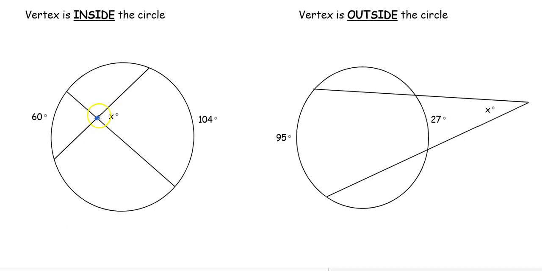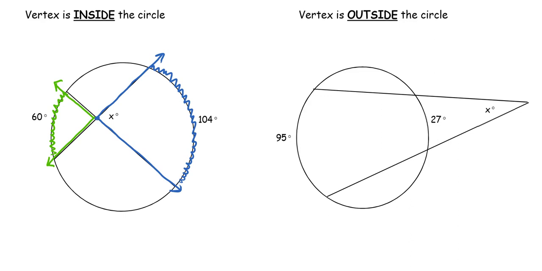So if I look at this angle right here, if I follow those sides out, it creates an intercepted arc. Now I have a vertical angle on the other side that also creates that intercepted arc.